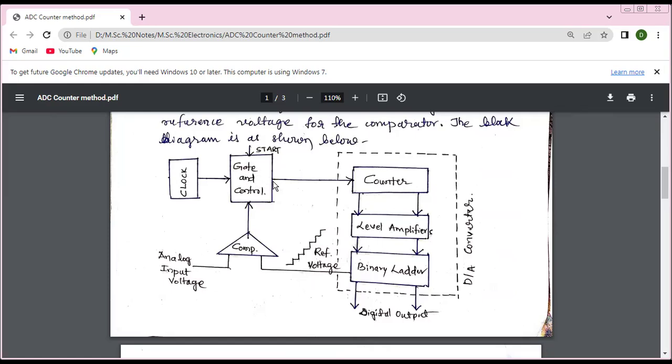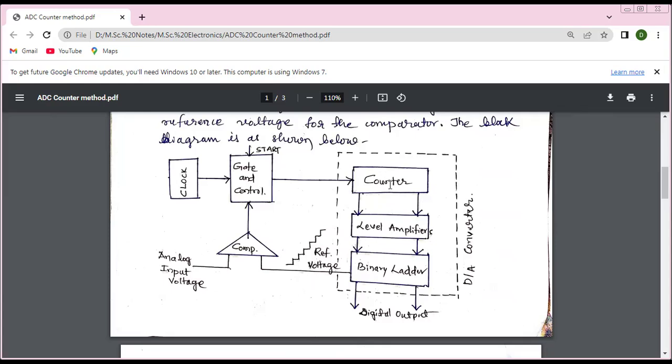Once the gate is closed, no pulses produced from this clock can move and reach the counter. So that means I can say that the counting process is over, or the conversion process is over. So that 1 volt is converted here in this region as a digital voltage.